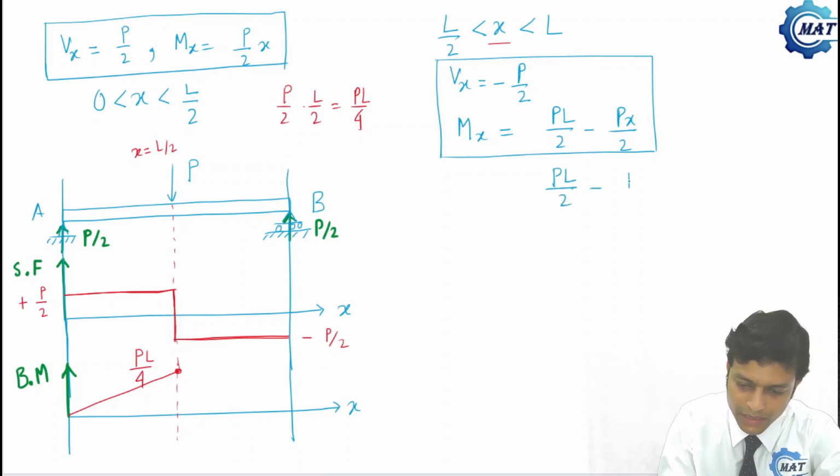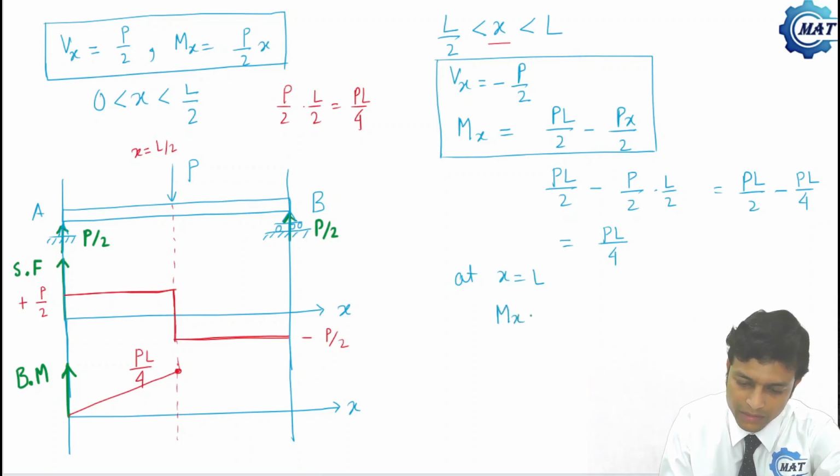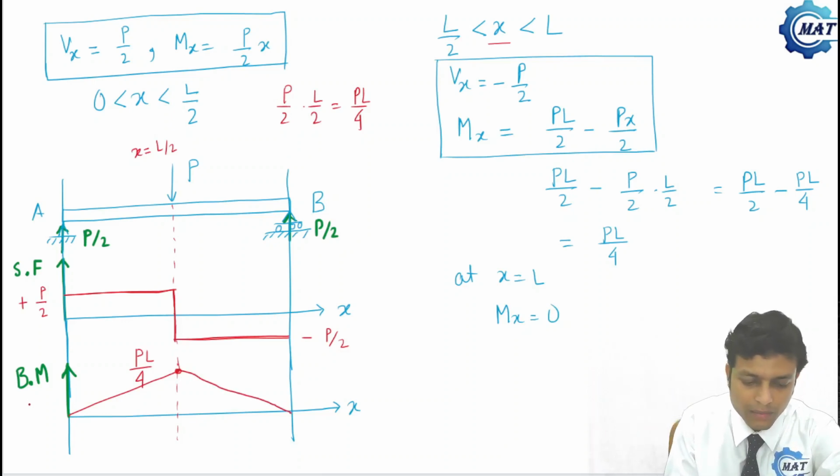PL by 2 minus P by 2 into L by 2, that is PL by 2 minus PL by 4, that is PL by 4. And at x equal to L, what is the value? That is 0. Mx is 0 for this portion. So that also varies like this. So this is the bending moment diagram and this is the shear force diagram.